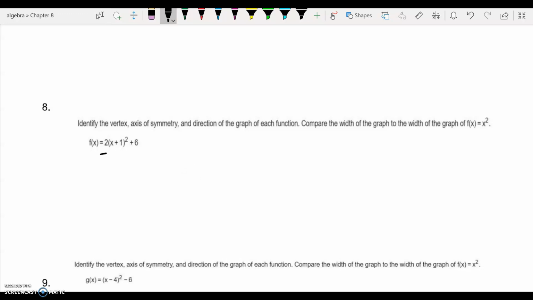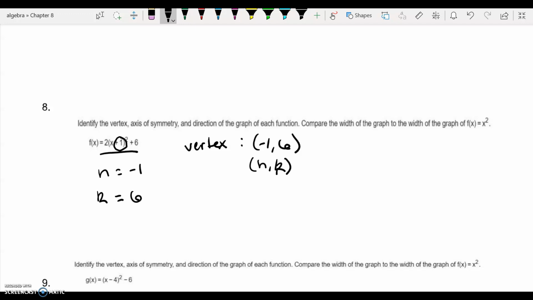So my vertex, just looking at my h and my k. My h is going to be -1. My k is going to be a positive 6. My vertex is (-1, 6). It's in the form (h, k). Remember, I've got to use the opposite sign here. It was a positive 1. I'm going to use a -1.